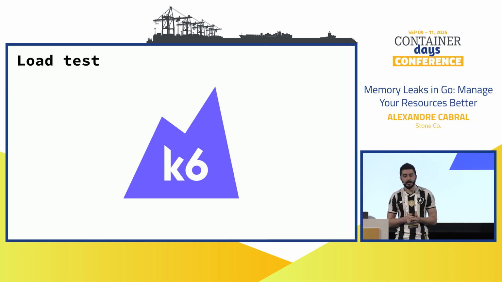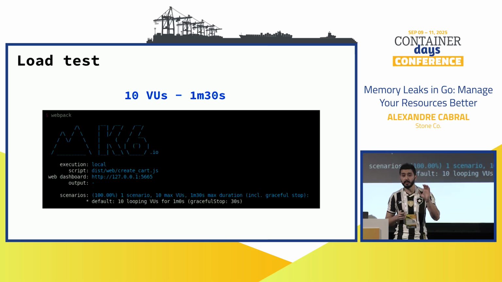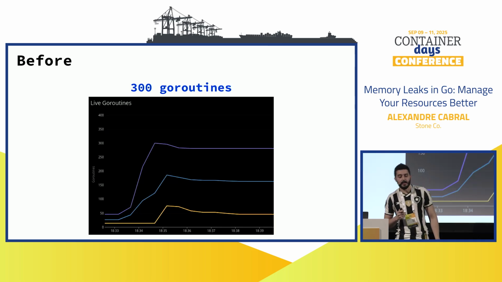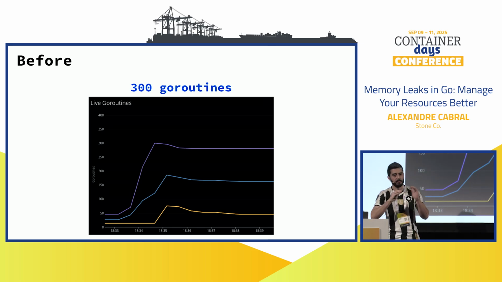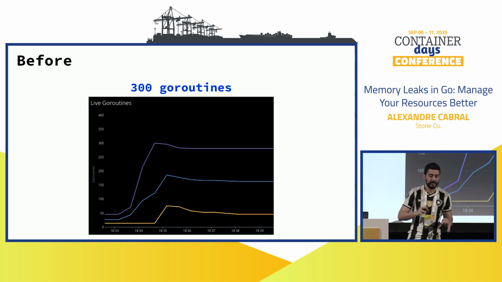And this is an example using K6. K6 is a Grafana tool that we can use for load tests, okay? And this was very small, actually: 10 views for 1 minute and 30 seconds. As we can see here, our goroutines went from 50, the default state that we were expecting, up to 300, and it wasn't descending.